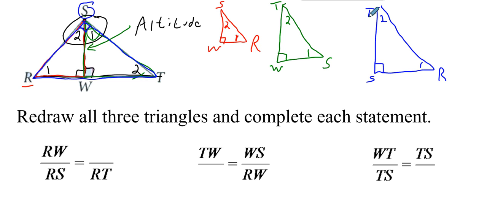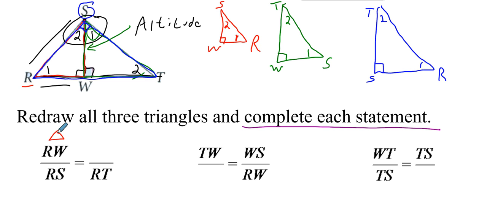Now if I want to complete these statements on the bottom, I set up my rows and columns for my proportions. When I look at RW and RS, those are both segments dealing with my red triangle.